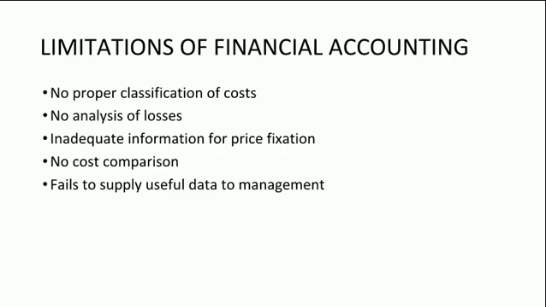When I am not able to have this cost information, it is not possible for me to fix the selling price, and in turn I may not be earning sufficient profits. And this information is not available in financial accounting.